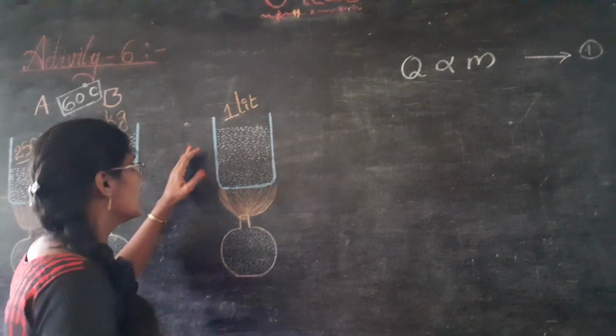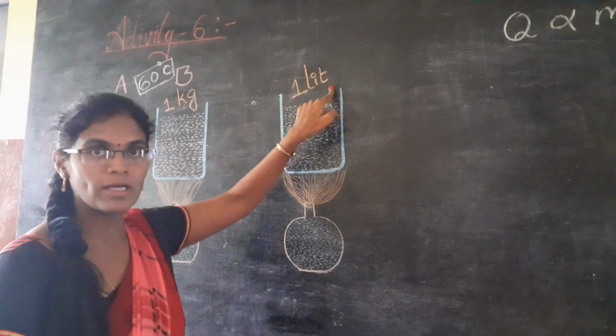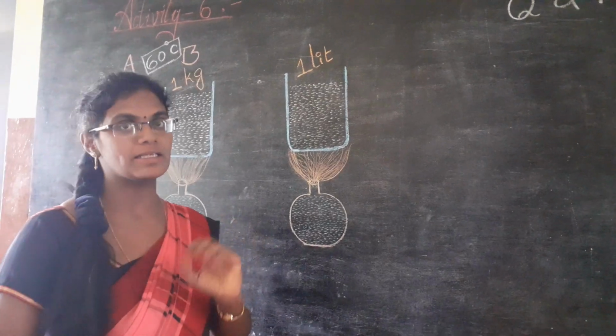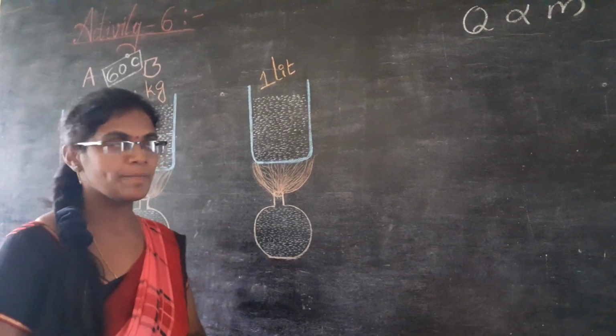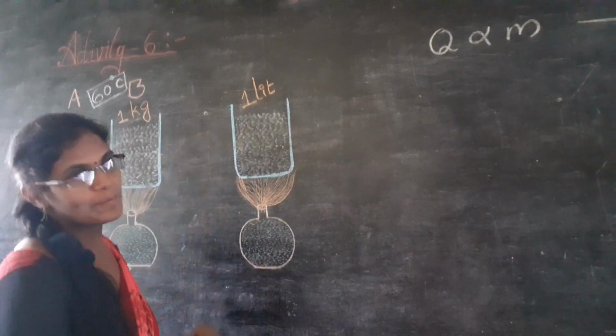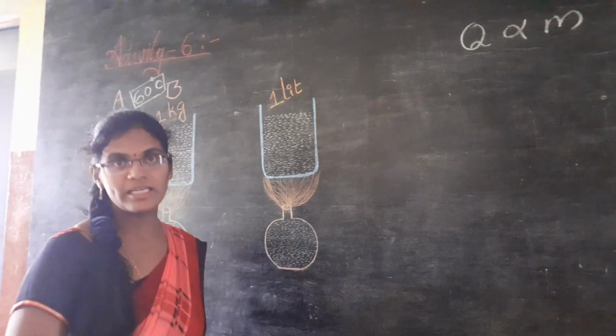In this case, I have taken a beaker and filled it with 1 liter of water, and I am supplying heat energy continuously. The same heat energy is supplied through this activity. Take a thermometer and measure the initial temperature.